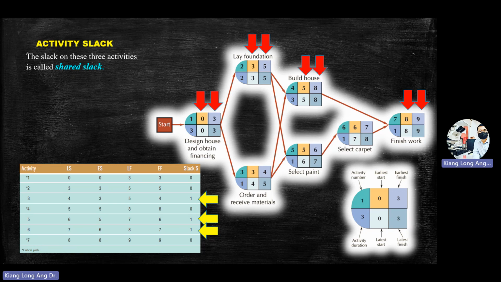Okay, so yesterday we learned how to build this diagram. We have two systems, AON and AOA. Normally you look at a question, and the question will ask you to use either AON or AOA.